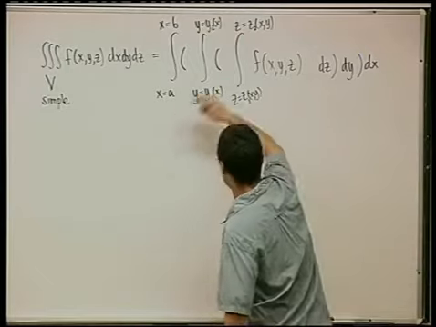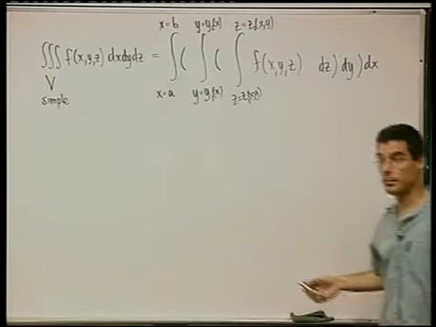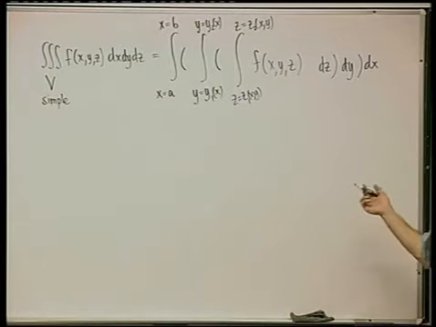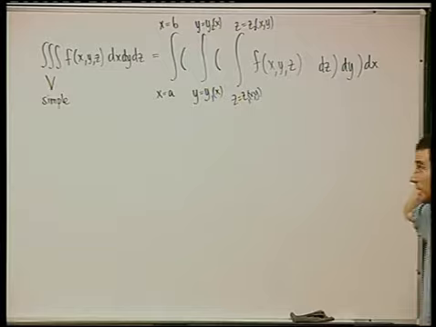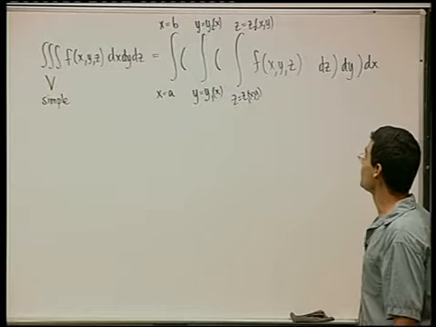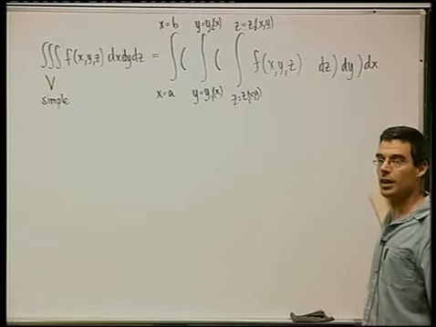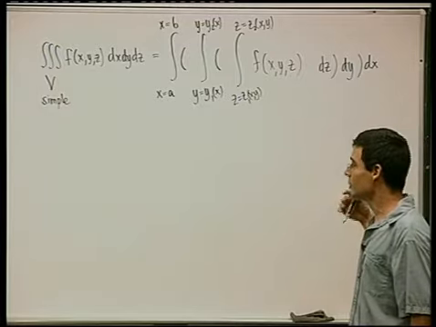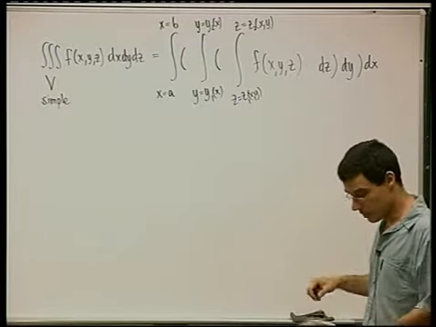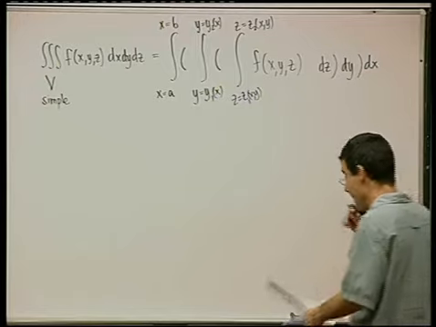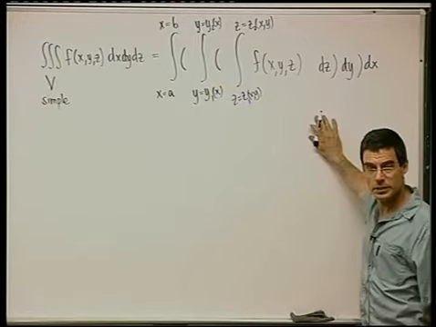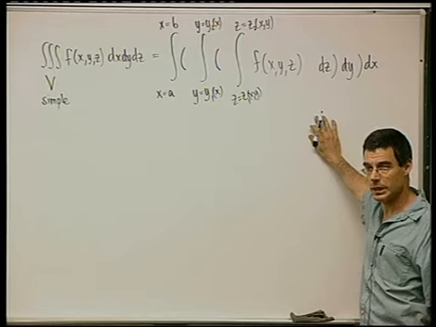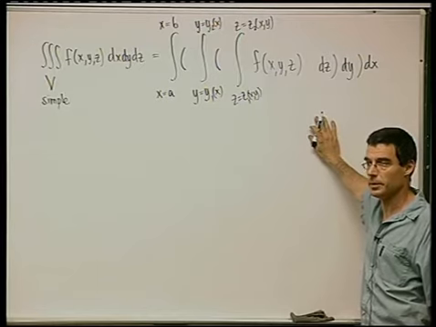And then you integrate that dx, and you're going to be left with a number. Okay, we'll do examples, of course. Sometimes it looks scarier in formula form than when we actually solve a concrete example. Is it clear what happened here in principle?